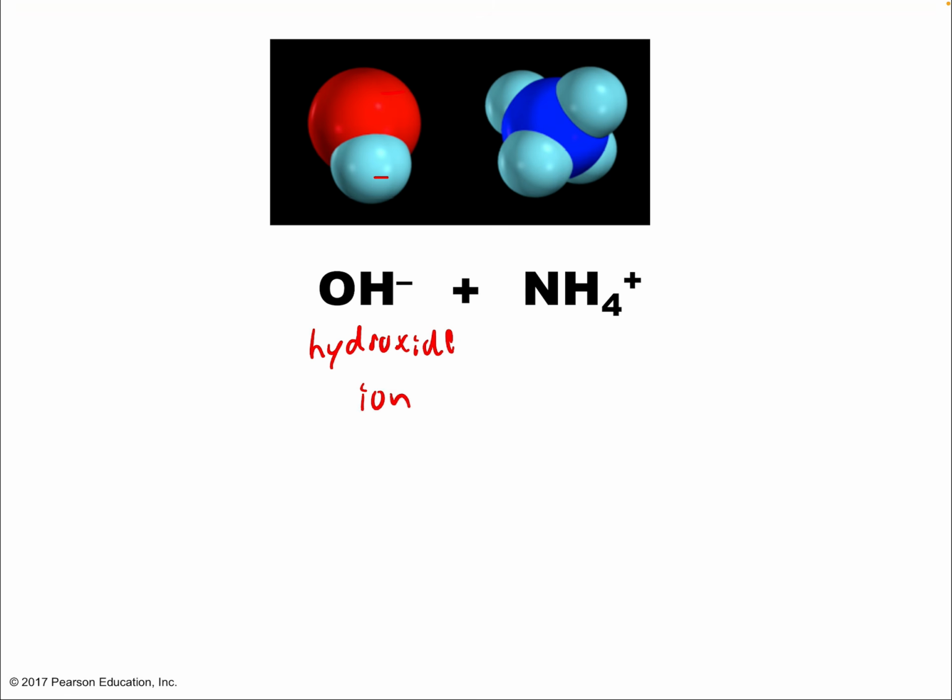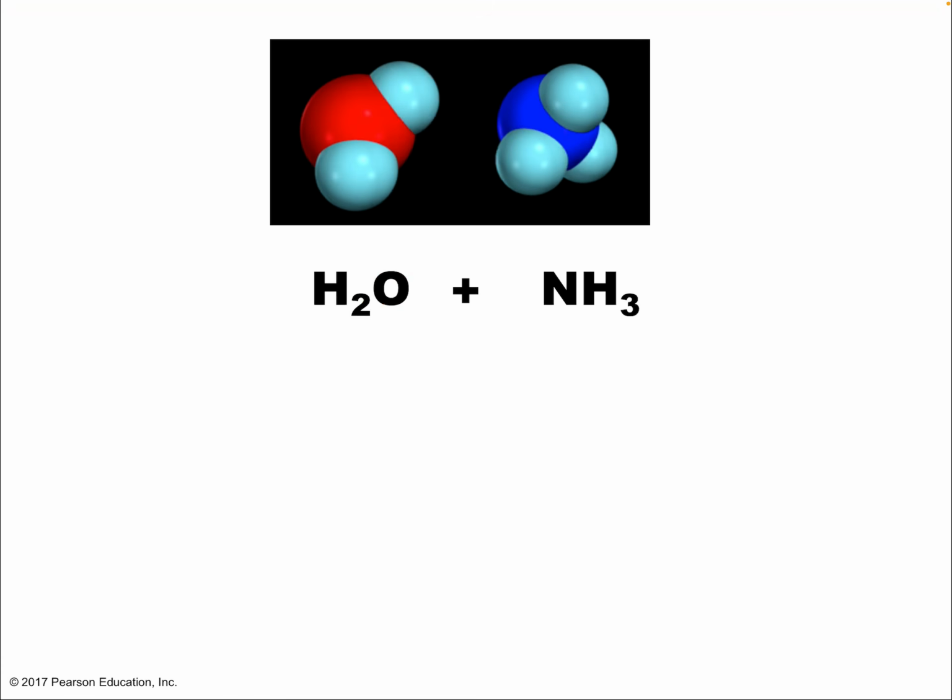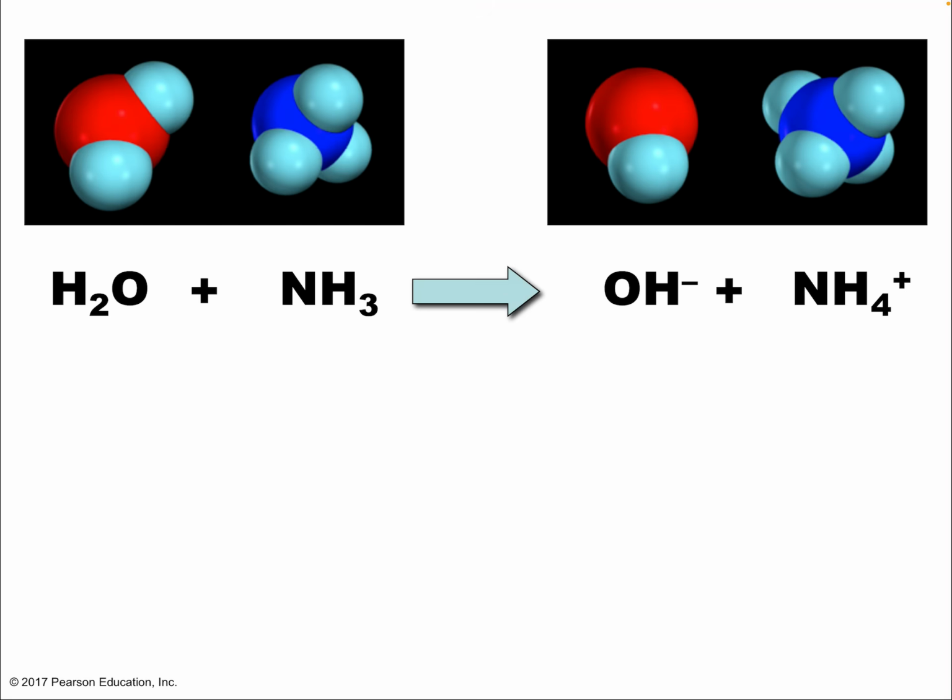And then we end up with this positive ion over here. So interestingly, we see that water can, in this case, play the role of the donor. The NH3 plays the role of the acceptor. And we see then that water is being the acid, where the NH3 is being the base. So water can be both. It can be both the acid or the base, depending on what it's reacting with.